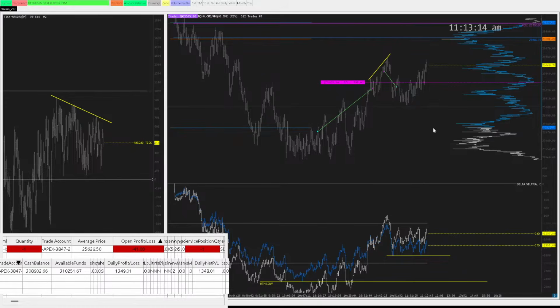Might have been a little early on that. Again, if the tick starts making new highs, then I'll get out.